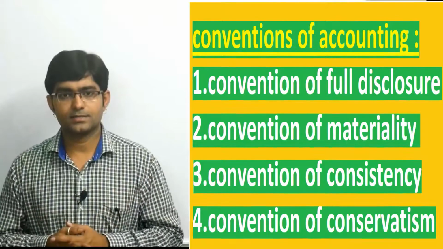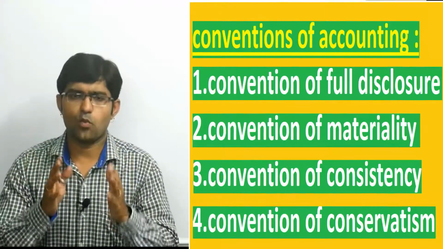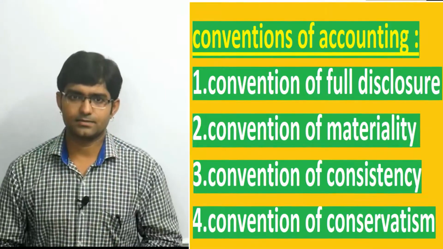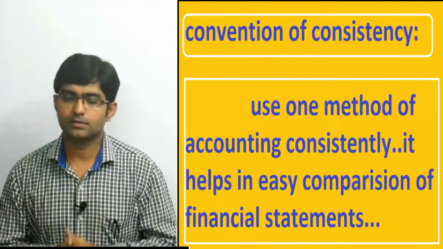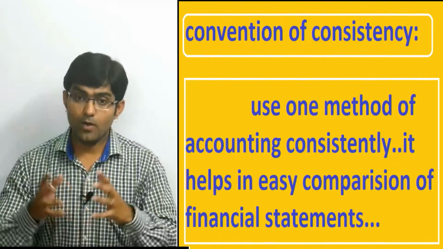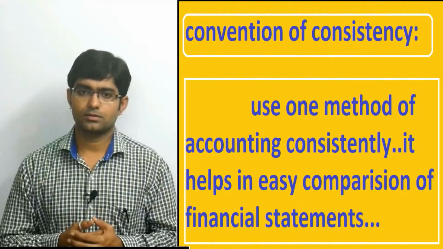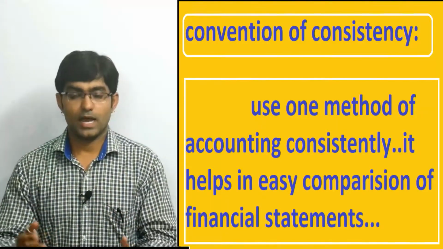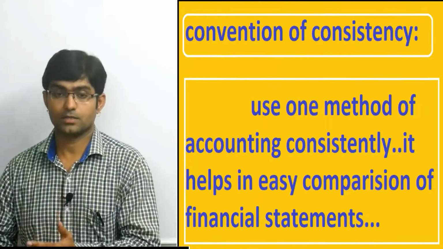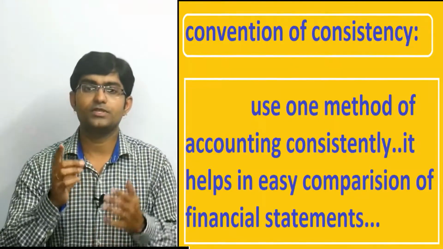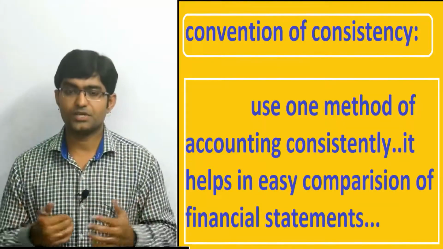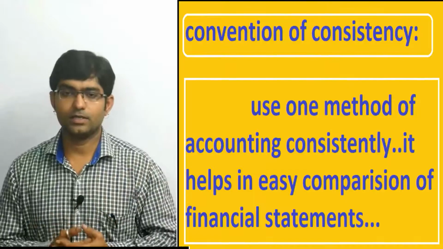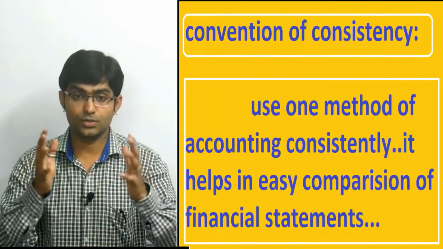The next one is convention of consistency. What does consistency say? Use one method of accounting, my dear friend. While valuing your stock, use either FIFO, LIFO or weighted average. Choose one thing which suits your business the best. Similarly, for depreciation, choose either straight line method or WDV, which suits you the best.